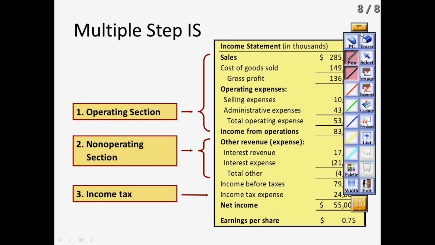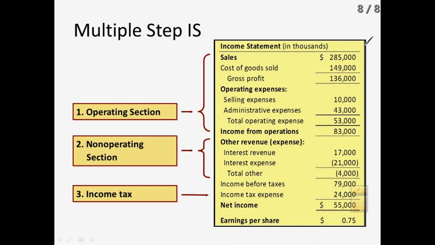Okay, so what it's doing is it's grouping things in a way that makes it more helpful for me to make a forecast in the future. So when I look at sales, that's the number I'm going to forecast first. And then cost of goods sold is going to be, obviously, the more sales I make, the higher the cost of goods sold. The fewer sales I make, the lower. Those things generally go in sync together.